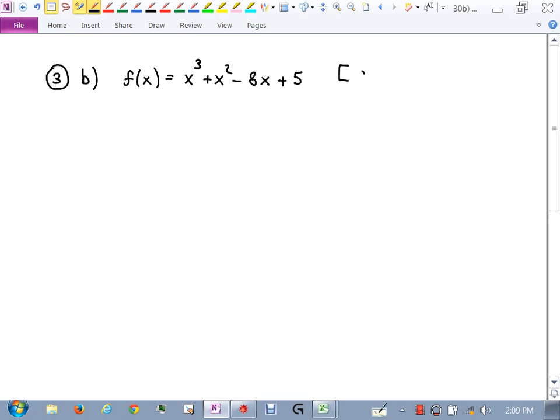That's on an interval 0, 2. And we are asked to find the maximum minimum. So you automatically are thinking closed interval method, right? All you need are the critical numbers. Derivative. When's the derivative 0? When's the derivative undefined, if it even is? My derivative here is 3x squared plus 2x minus 8. I want to know when that's 0.